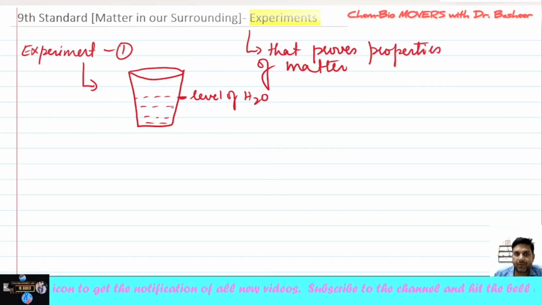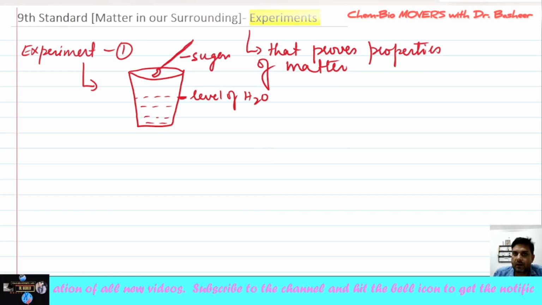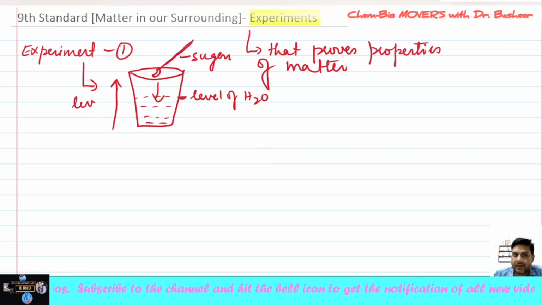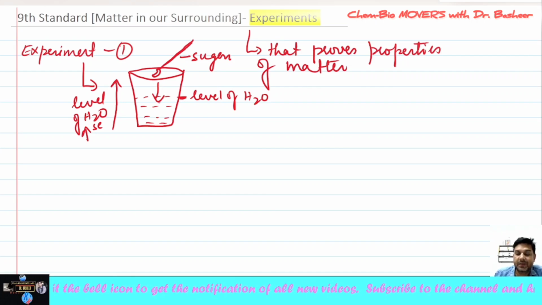H2O means water. When we add sugar into the water, what happened? The level of water increases. Increase, short form, up arrow means increase. So the level of water increased here.